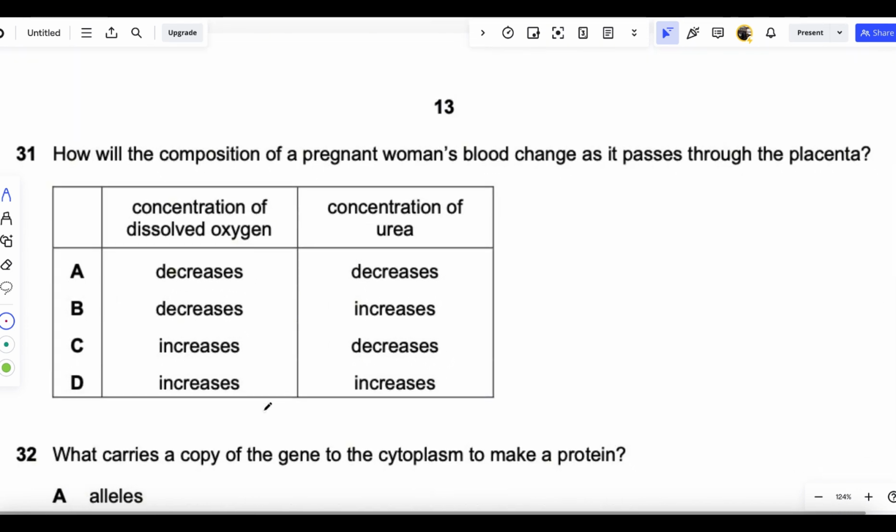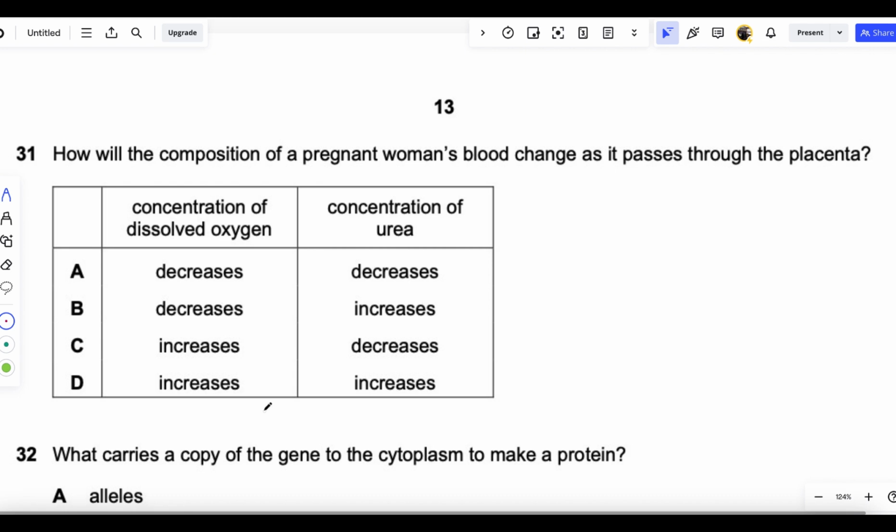Question 31. We say, how will the composition of a pregnant woman's blood change as it passes through the placenta? The concentration of the dissolved oxygen and the concentration of urea.